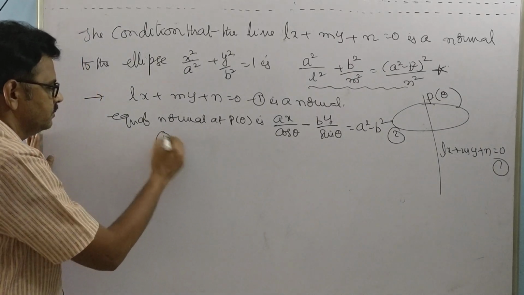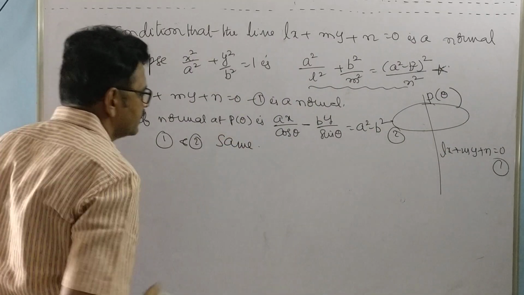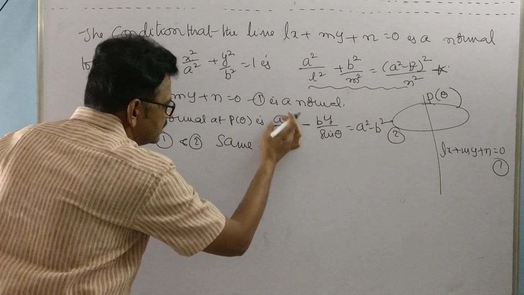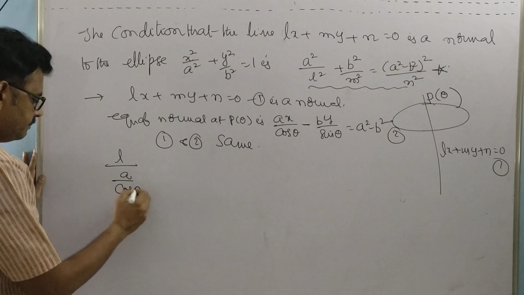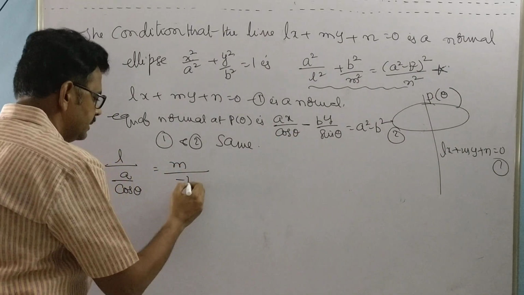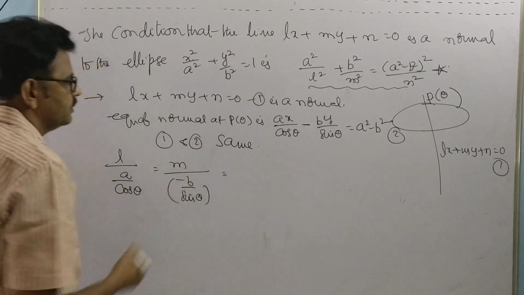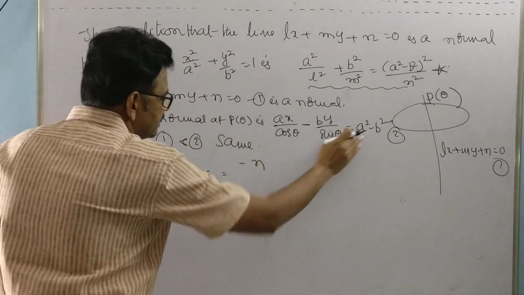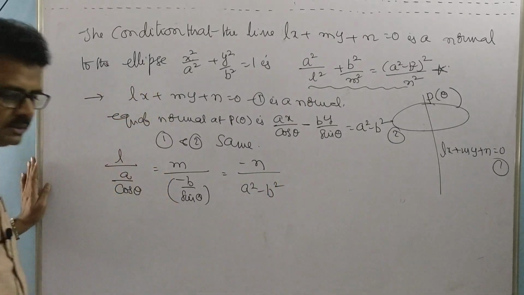So the x coefficient is L, the x coefficient is A by cos theta, is equal to M by, so this is minus B by sin theta, is equal to, so this is minus N, because you can write that side, minus N by A square minus B square.